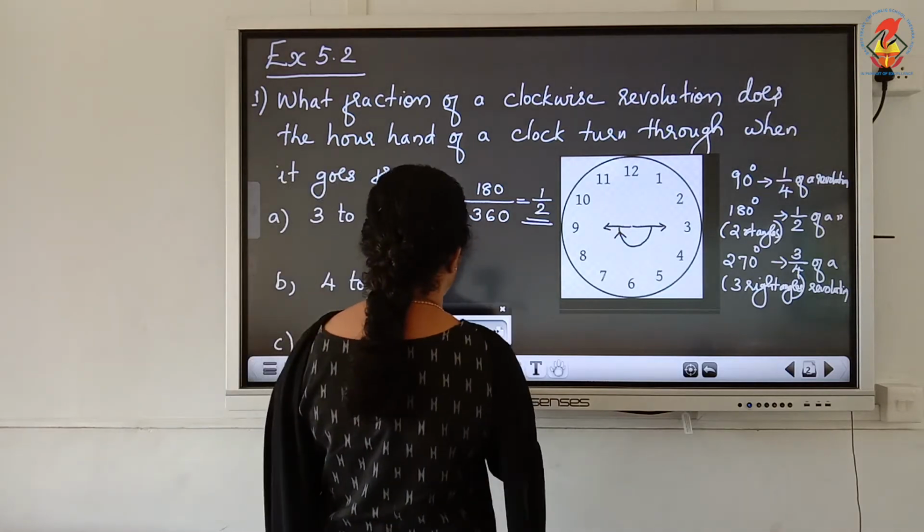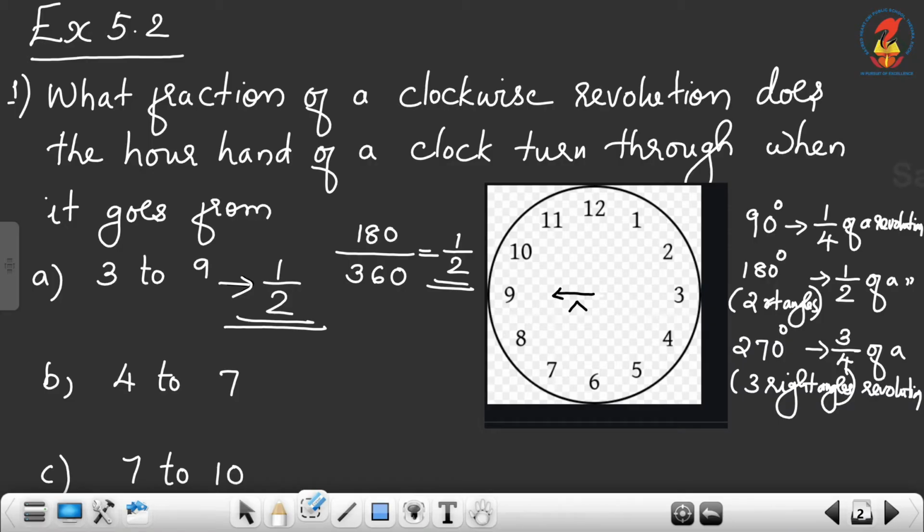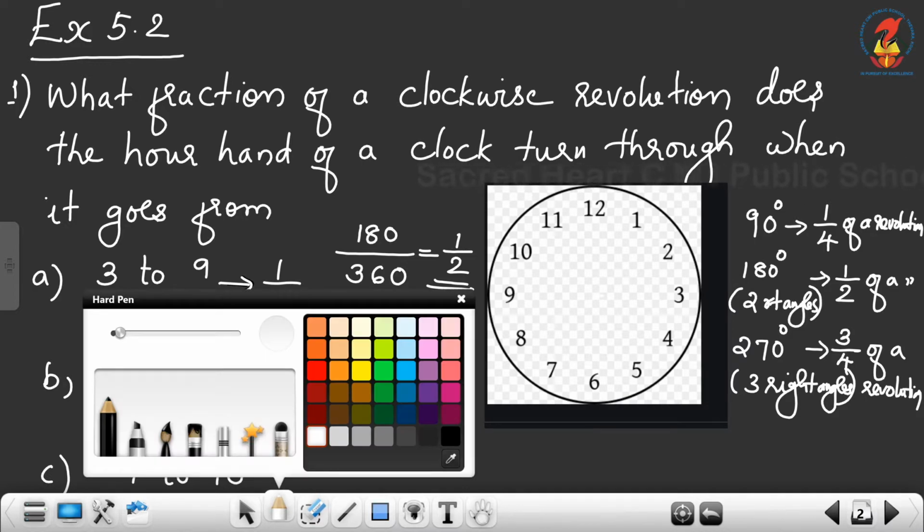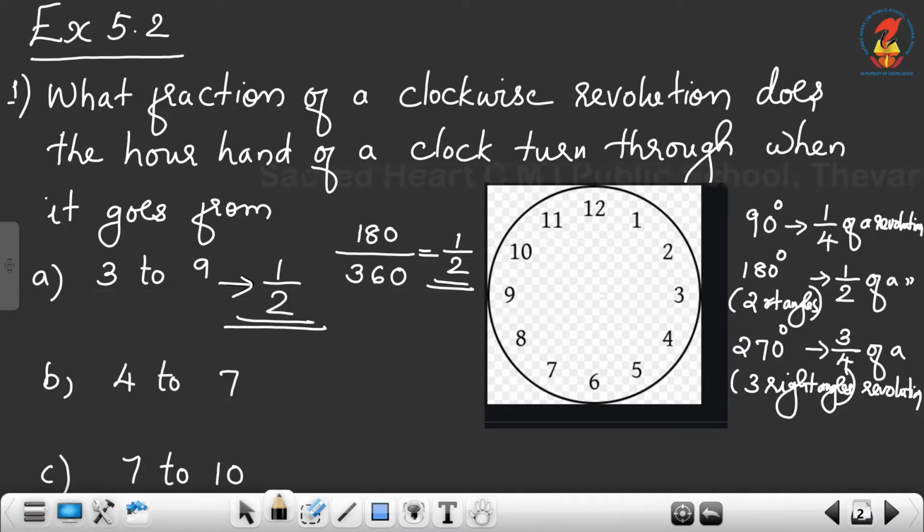Now the second question: 4 to 7. When the hour hand starts at 4 and moves to 7, what is the angle turned?